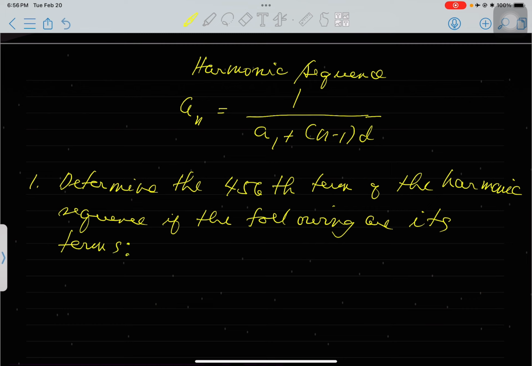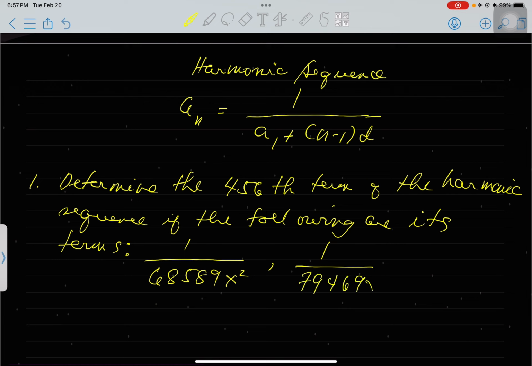So let's say we have 1 all over 68,589 x squared. Then we have 1 all over 79,469 x squared. And we have 1 all over 90,349 x squared, and so on and so forth.